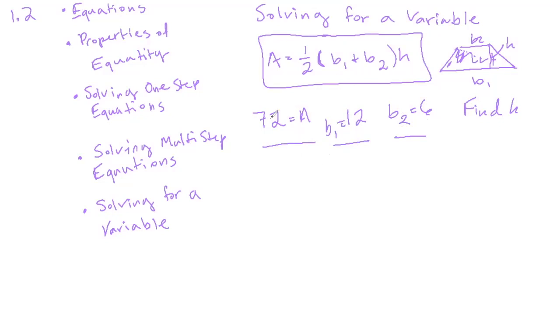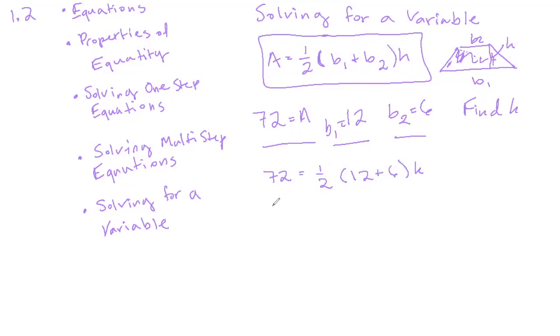What we're going to do is substitute, or plug, all of these into this expression and go from there. So we say 72 equals 1/2 times 12 plus 6, times h. Remember, h is the one thing we don't know yet.